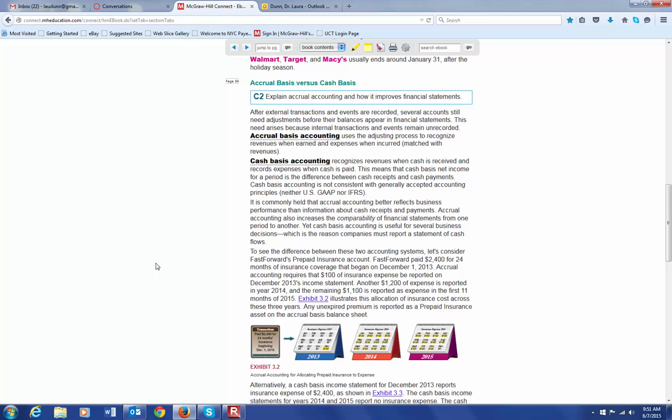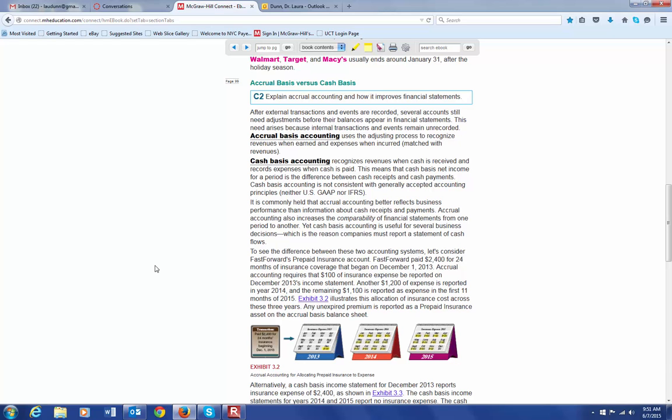In order to do accrual basis accounting, you have to make some adjustments at the end of an accounting period. I'll give you an example. If you paid rent for the whole year on January 1st and you paid it for 12 months in advance, let's say you paid $2,400, which would be $200 a month.